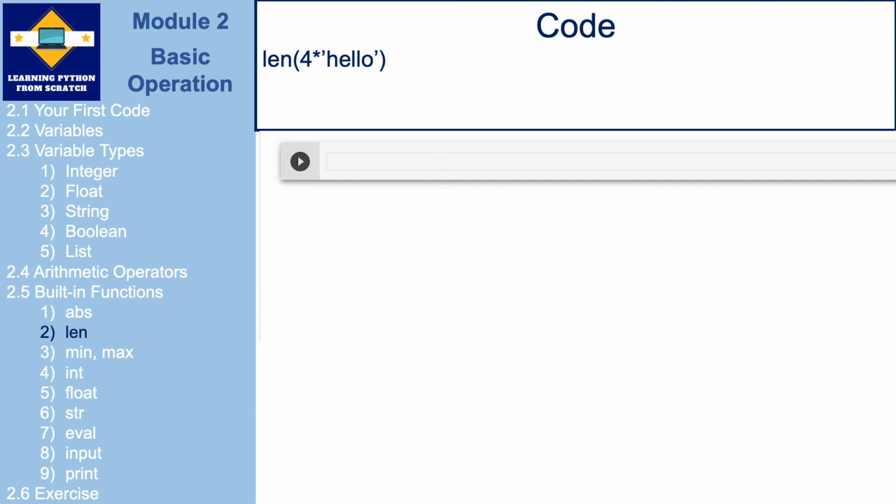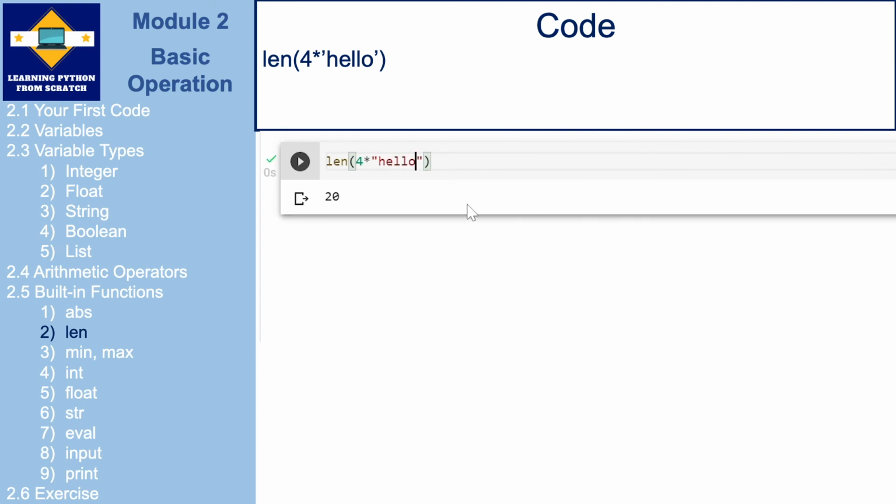Len returns the number of characters of a string. The example is len of 4 multiplied by hello. The output is 20, because there are 5 characters in hello and multiplied by 4, it should be 20.